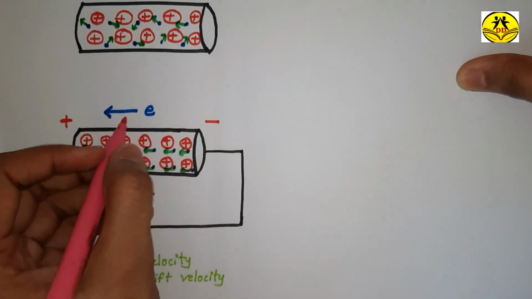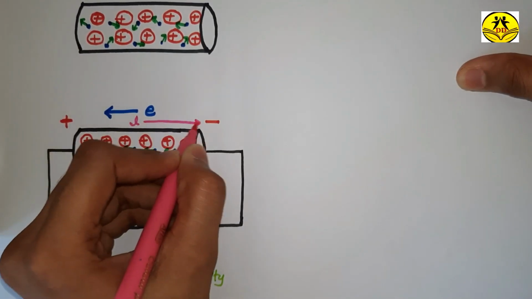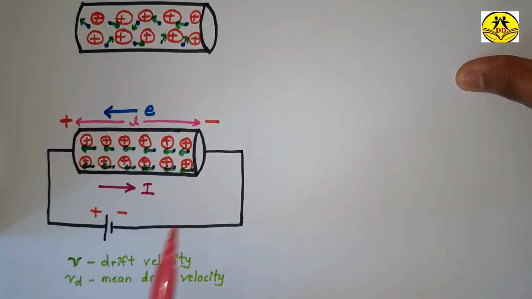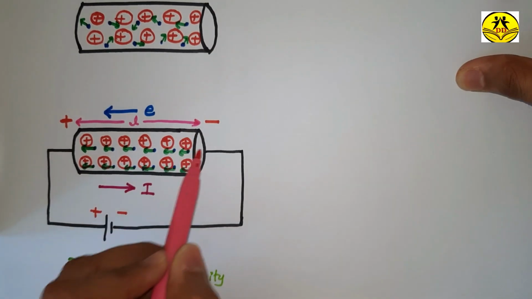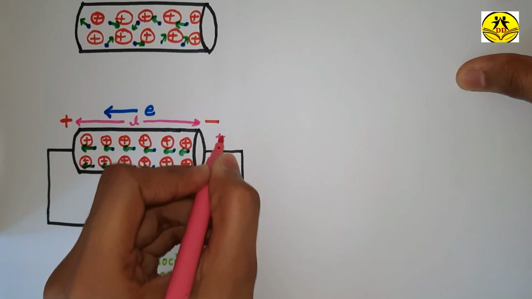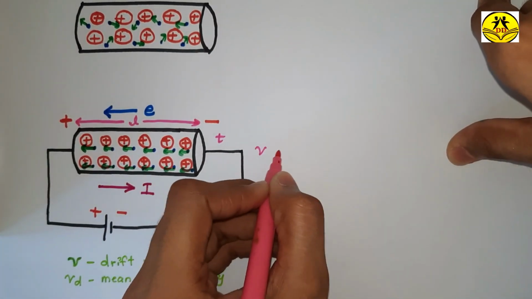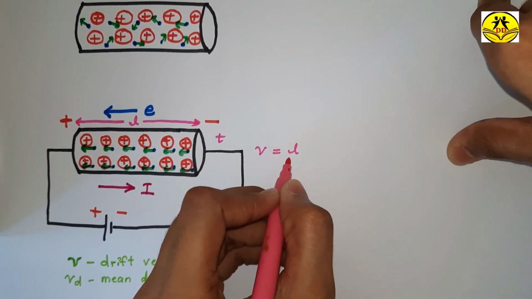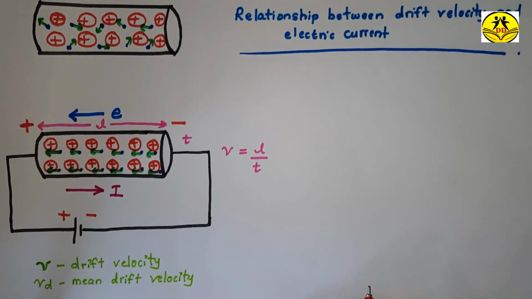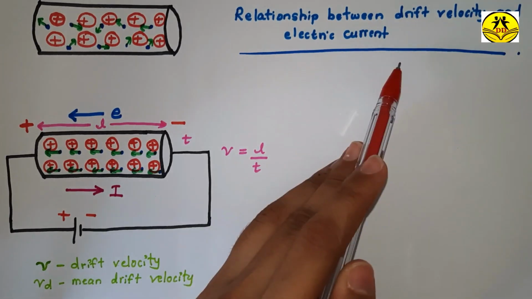If we consider the length of this conductor as simply L and the time taken for an electron at the negative terminal to move to the positive terminal as T, drift velocity can be written as V equals L over T. Now let's consider the relationship between drift velocity and electric current.